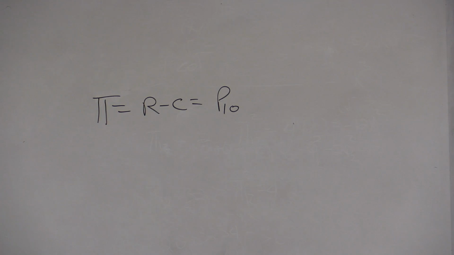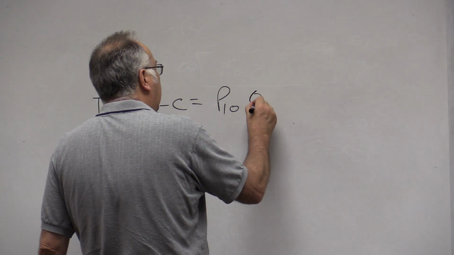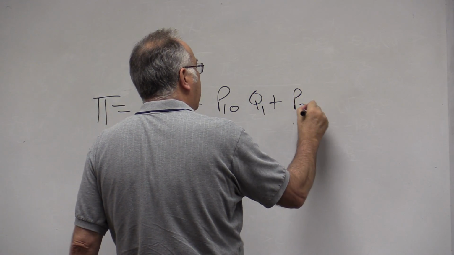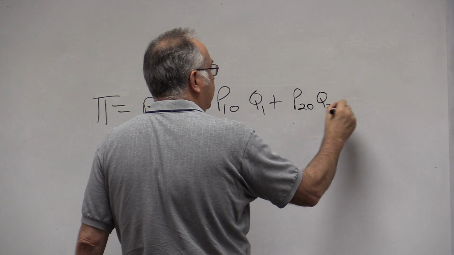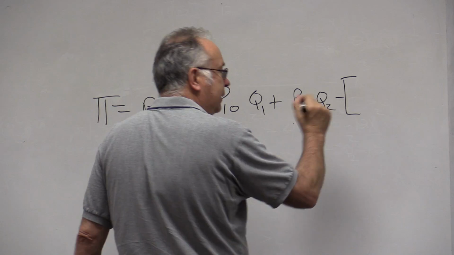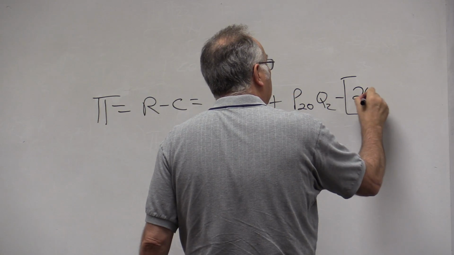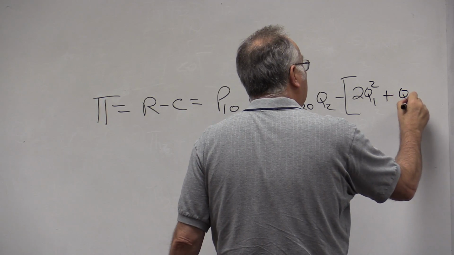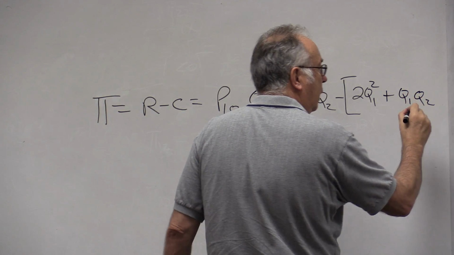All right. Okay. Plus P2 0 Q2. Right. Minus the cost function. Yeah, that's simple, isn't it? 2 Q1 squared plus Q1 Q2. Exactly. Plus 2 Q2 squared. Right.